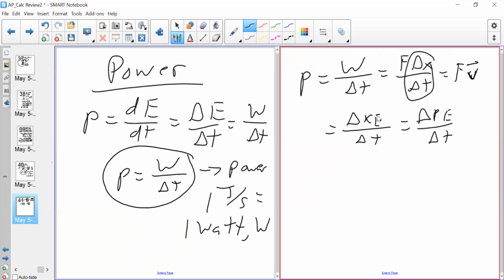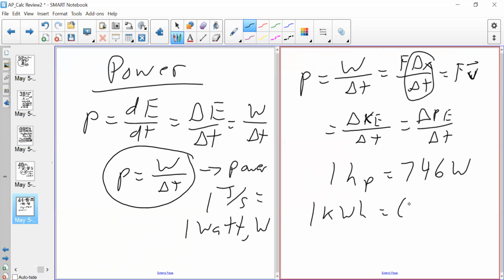So all these are equal. There you go. And we know this because work is delta KE, delta PE. Then before Watt came around, power was measured in horsepower, which is 746 watts. And then we have what I was talking about before, kilowatt hours.